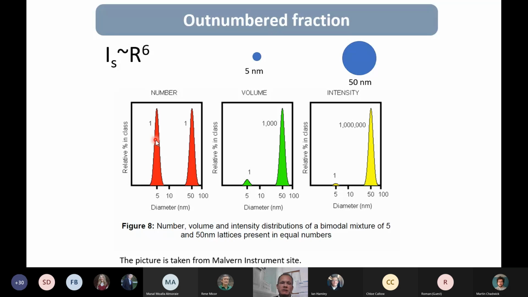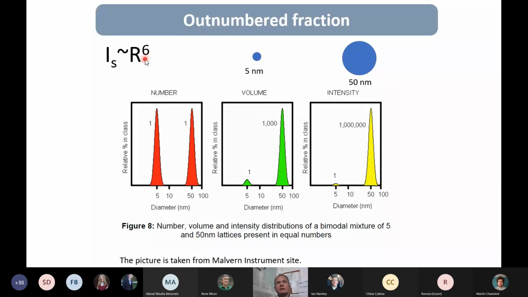And that happens again because of this r power 6 dependence. Your large objects, large aggregates, several hundred nanometers, just outnumber the scattering from your single small stuff.